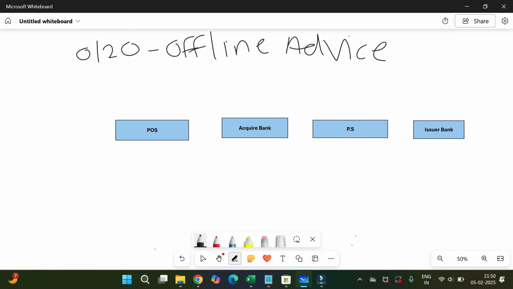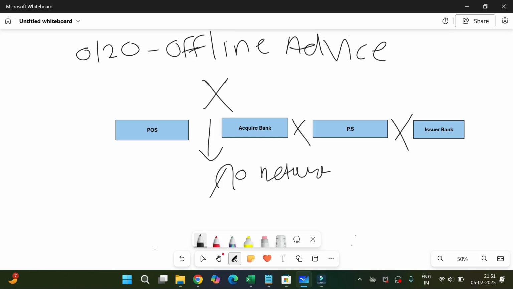If you did a transaction at a POS, but it won't be sent to the acquirer as there is no network, it obviously won't be sent to the issuer and the payment scheme, right?